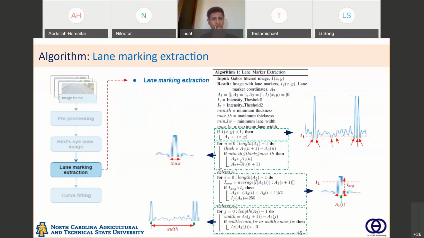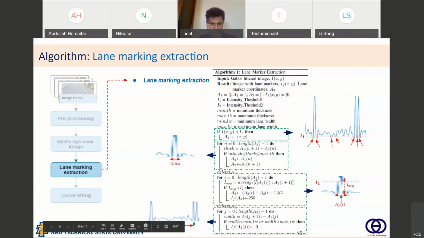And then the second block checks the thickness between these consecutive pixels having a very low intensity value. And if it satisfies this thickness, which corresponds to the actual thickness of a lane boundary, then it will be passed to the next stage.